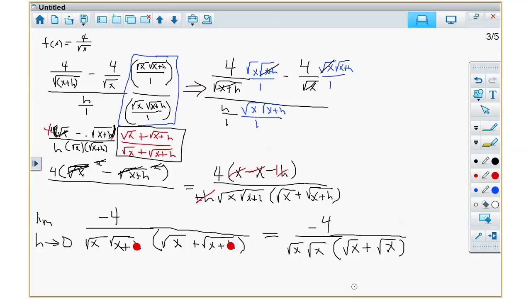So what happened to h? H goes to 0. Remember, what's happening to the distance between the first x and the second x? It's converging to 0.